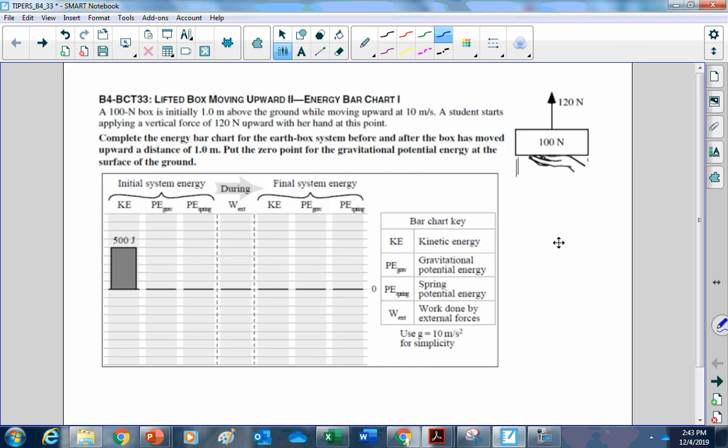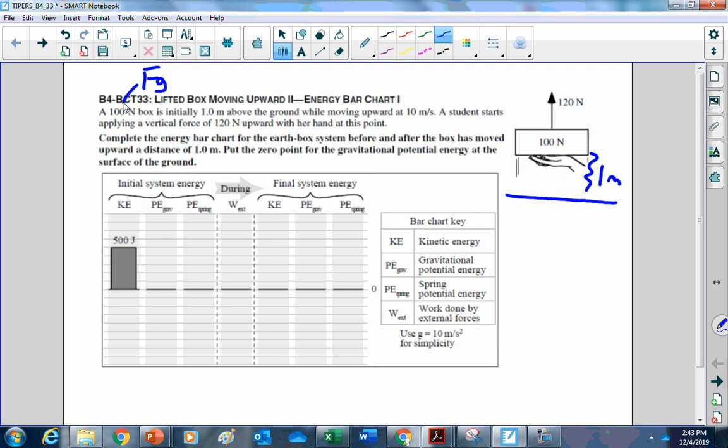And the situation is that we have a 100 Newton box. That's the FG they're giving us there. It's already above the ground when we start out, 1 meter above the ground, and it's already rising when we start paying attention to it.